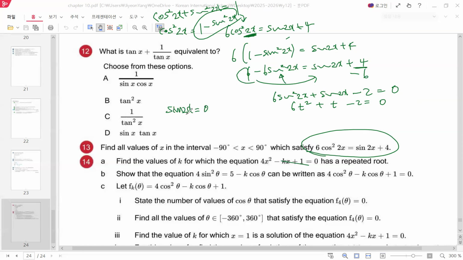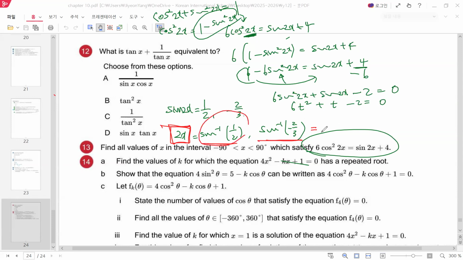In fraction form. 1 over 2 and so it means that 2x equals sine inverse 1 over 2 and sine inverse negative 2 over 3. And I told you, please treat 2x as a chunk, okay? Just then please find these two values by using your calculator.